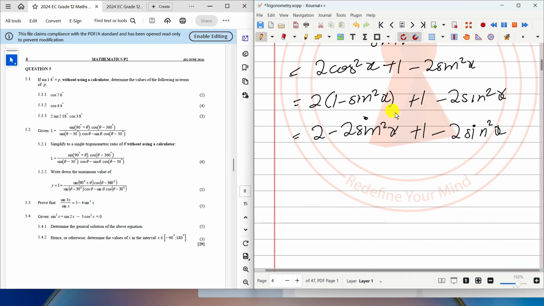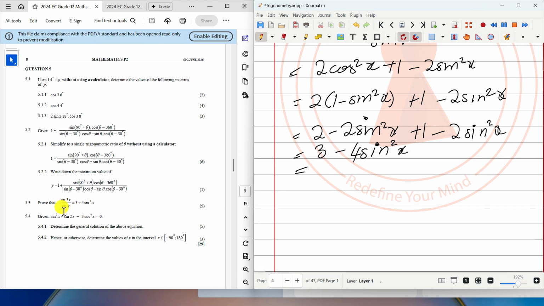Now, what do we have here? Since 2 plus 1 is 3, minus 2 minus 2 is minus 4 sine square x. This is indeed equal to the right-hand side. So we're able to prove this. Now we have 9 minutes to do the remaining question.